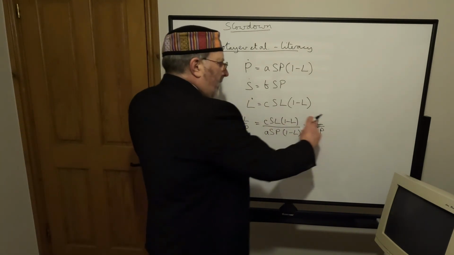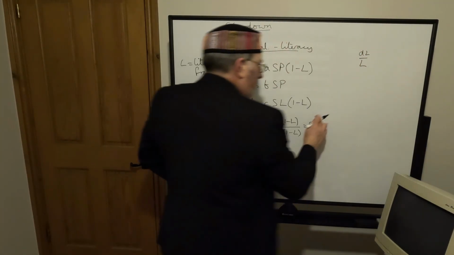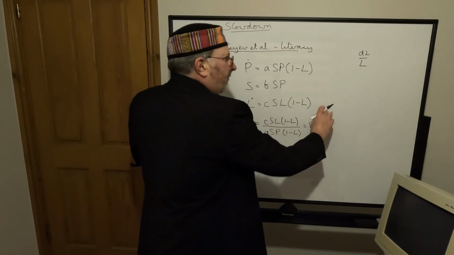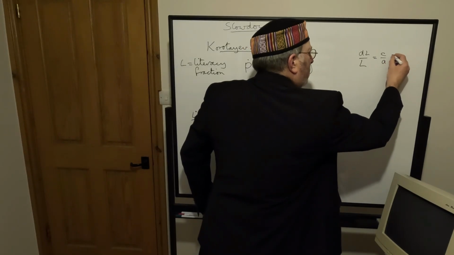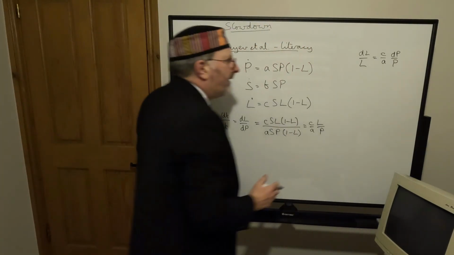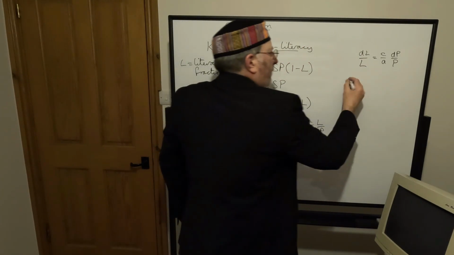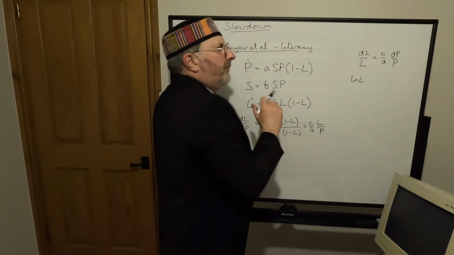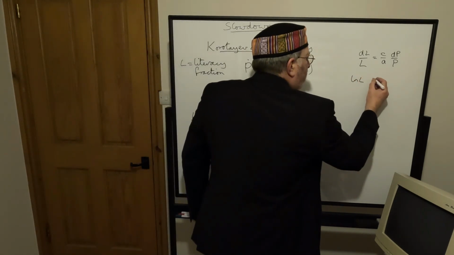So we can take the L from there onto this side, and the dP from there up onto this side, which will then give us dL over L equals C over A into dP over P. And then we just integrate both sides, and this will give us on here log L, because we should know that the integral of 1 over L is log L from the mathematics module.